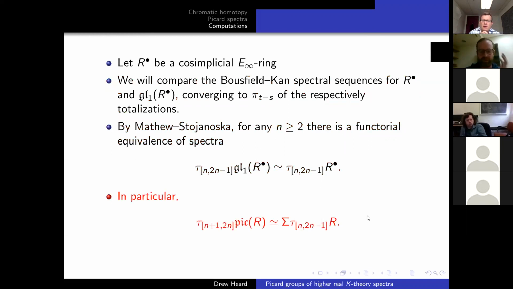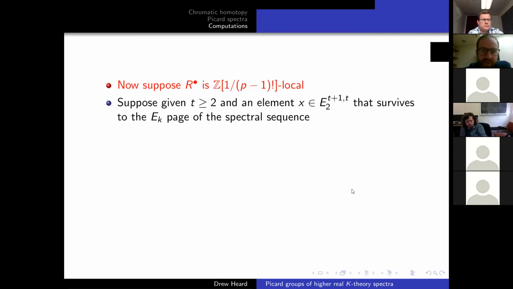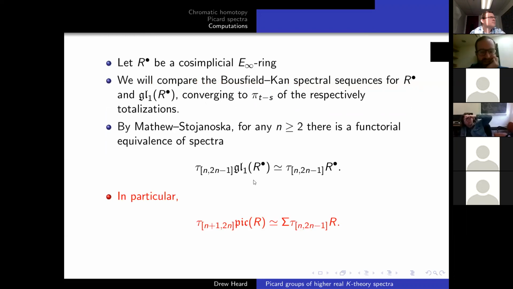But the net result was that in a certain range, you can import differentials from the ordinary additive spectral sequence into the Picard spectral sequence. We had something a little bit special here. We know that on homotopy in pi naught, we have this condition that our ring is Z adjoined 1 over p minus 1 factorial local. The idea is that there should be a greater range in which we can import differentials when we have this extra condition.